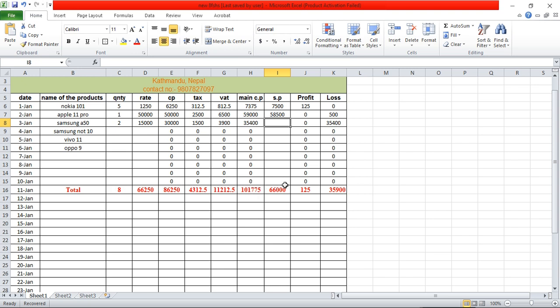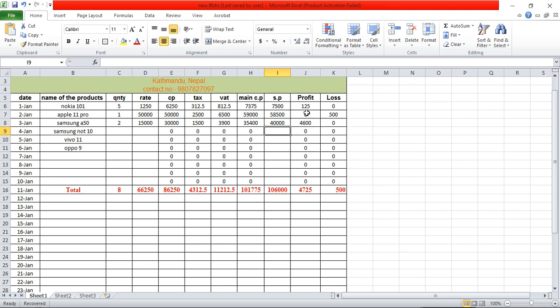It has not changed because it has no selling price. So 35,400 is there, and we are selling it at 40,000. So what we give is 40,000, and whenever we press enter, it can show you the profit amount of 46,000. Okay, and see the total amount is changed.